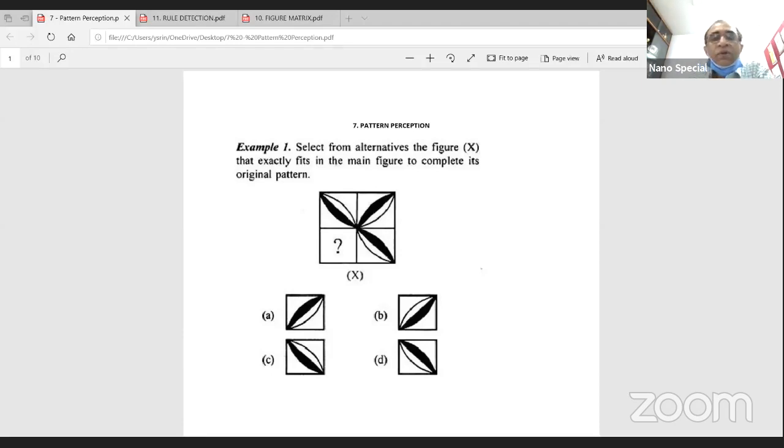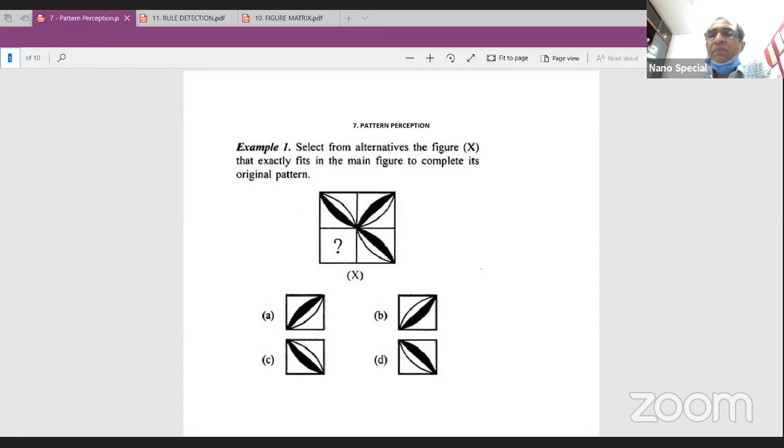Right. So let's look at this first question here. There's an example. Select from the alternatives the figure X that exactly fits in the main figure to complete its original pattern. Now, what is the main figure that is given there? This is the main figure.